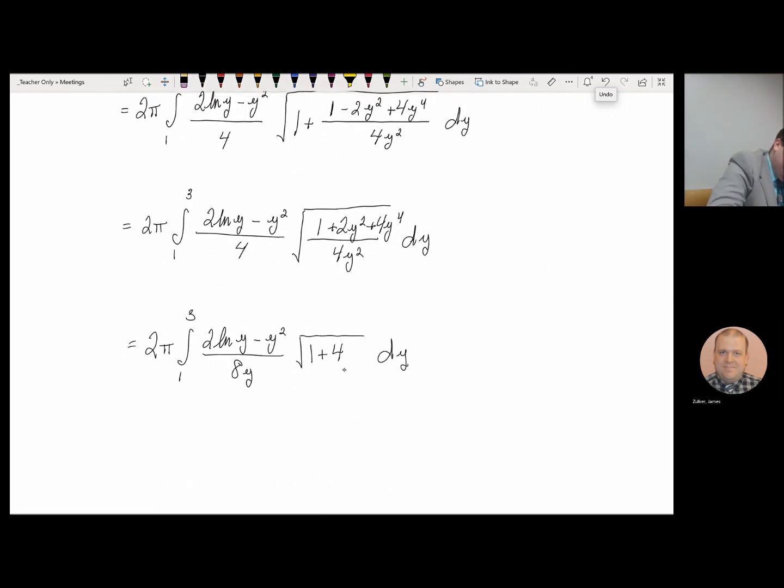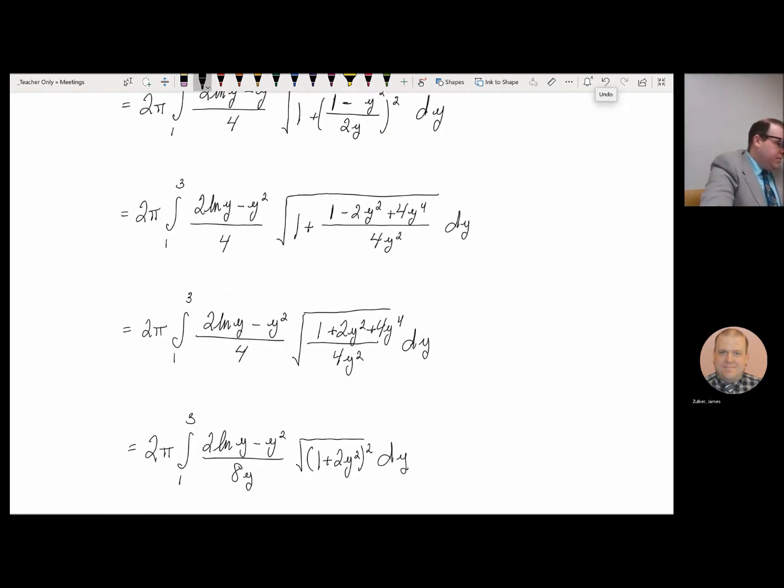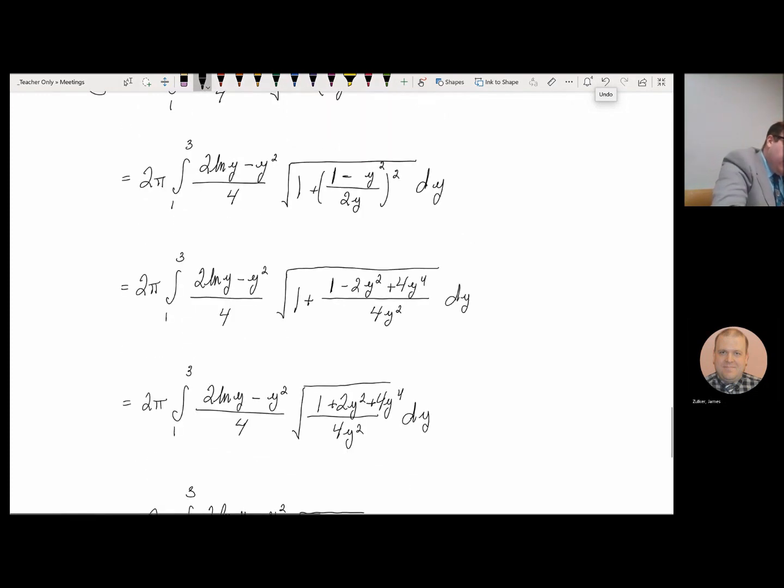Okay, that's going to make this right. I have, oh right, this is no longer 4, is it? That's now y to the fourth. Why is it erasing up there too?